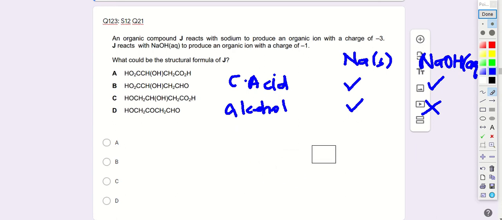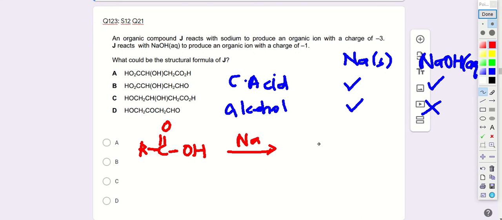Now, what does it mean by organic ion with a negative charge? For example, carboxylic acid can react with sodium. So if I have a carboxylic acid, it reacts with sodium, so I'll get a carboxylate salt, like this. So this is an organic ion with a -1 charge.